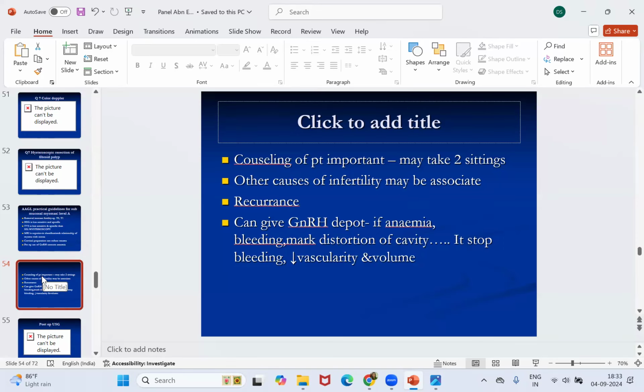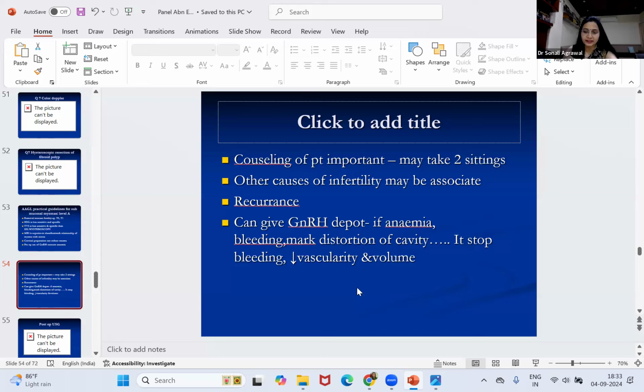And we can use GnRH agonist 3 doses prior to the surgery to reduce the size and make the surgery a little bit easier.